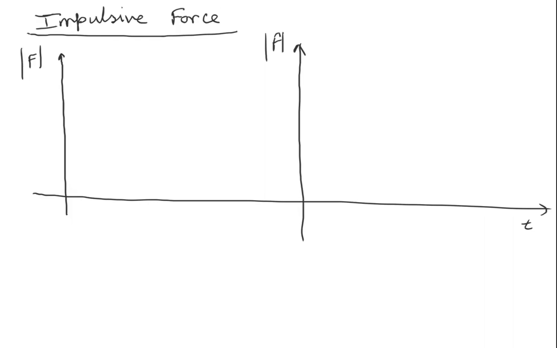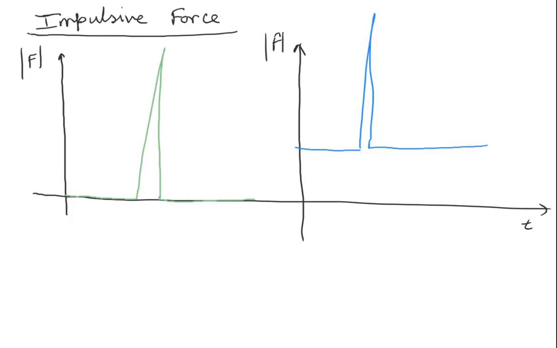On one object, I notice that the force is 0, suddenly changes, and then 0 again. On another object, I notice that the force is constant, suddenly changes, and then constant again.